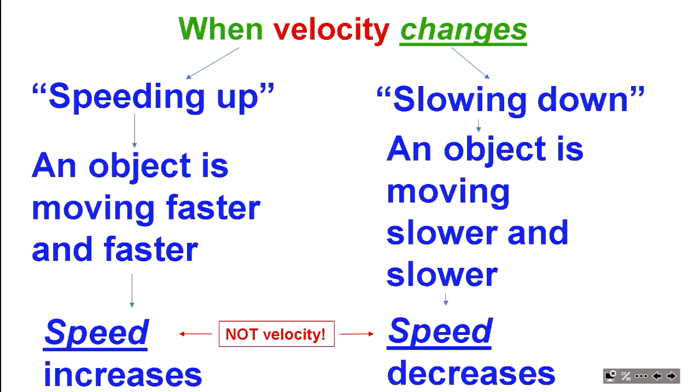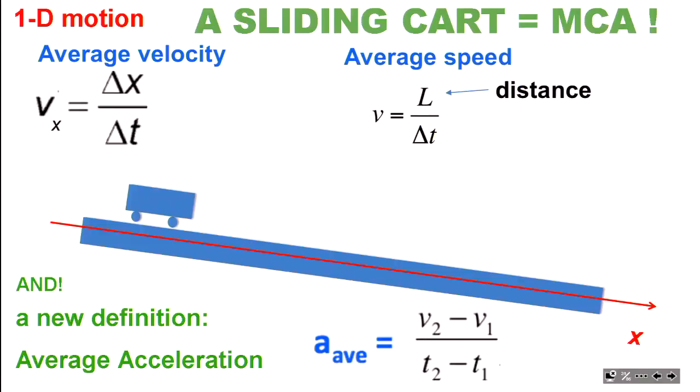If speed decreases, we call it slowing down. Now, when speed changes, an object is speeding up or slowing down, and this is a very common model to keep in mind for how it might happen.